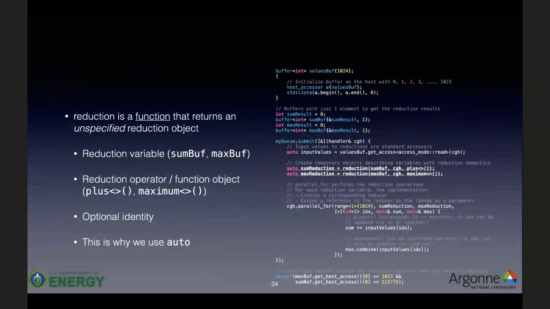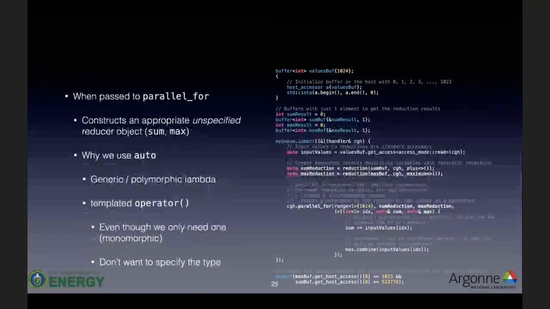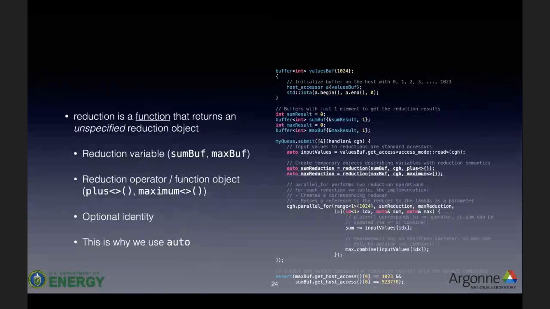Either plus, which is standard plus in the standard library, and all it does is it's a function object that calls plus on the left and right hand sides of what you pass to it. And the maximum is just for expository; basically, you want to get the maximum value of something that you're going through. There's also an optional identity. And the whole reason we're using auto here is that we don't know what types these return, because they're unspecified, and it's a different type depending on what parameters you pass in.